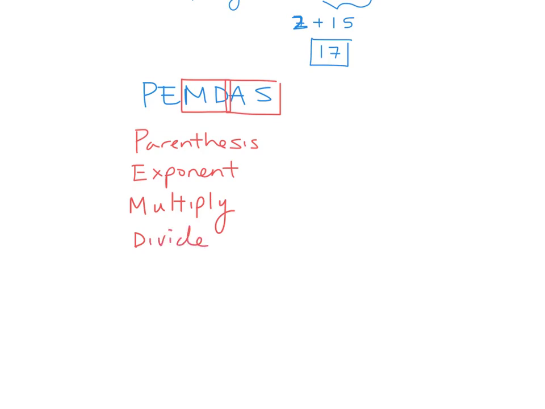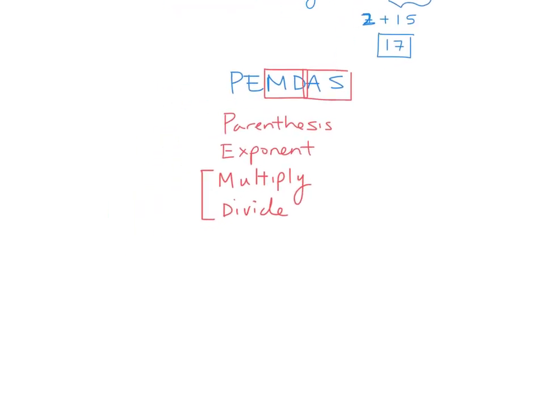Okay, where you have to be careful is these two go at the same time. So if there's division before multiplication, you do the division first, even though division technically comes after multiplication in the lettering, okay? You always work left to right when you're doing the multiply and divide, okay?